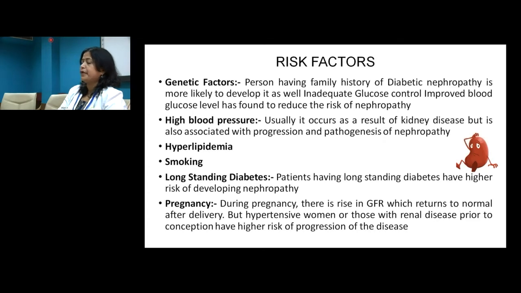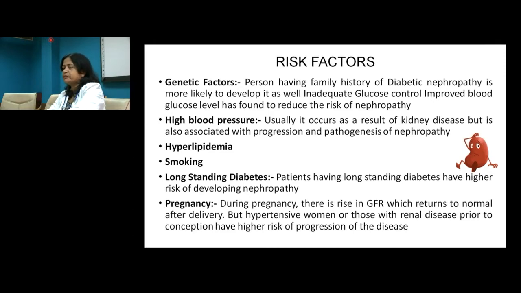High blood pressure usually occurs as a result of kidney disease, but it is also associated with progression and pathogenesis of nephropathy. Patients having long-standing diabetes have a higher risk of developing nephropathy. During pregnancy, there is a rise in GFR which returns to normal after delivery, but hypertensive women or those with renal disease prior to conception have a higher risk of progression of the disease.